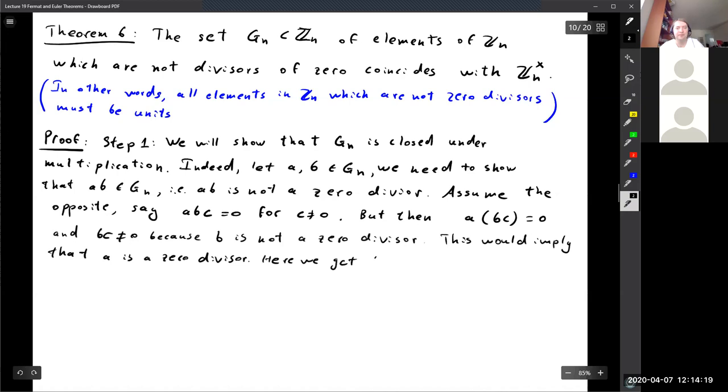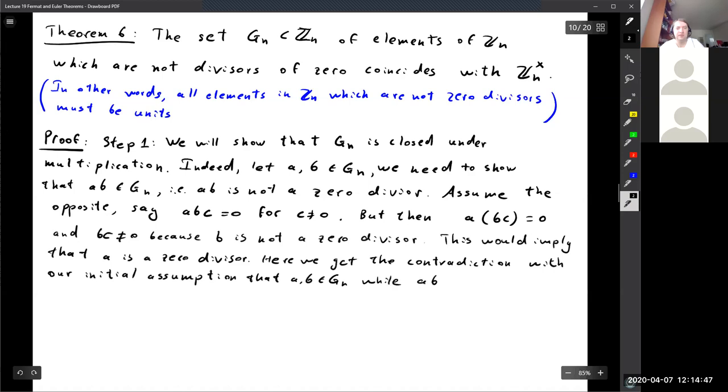So here we get the contradiction with our initial assumption that AB belongs to G_n, while AB, their product, doesn't belong to G_n.